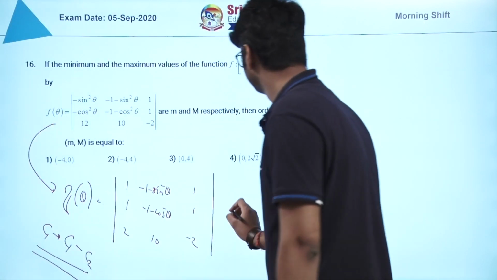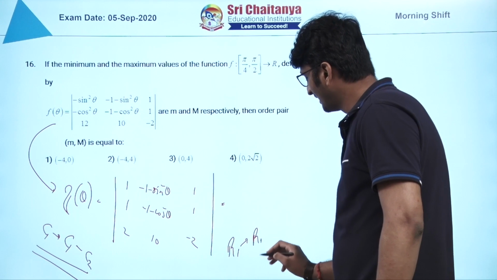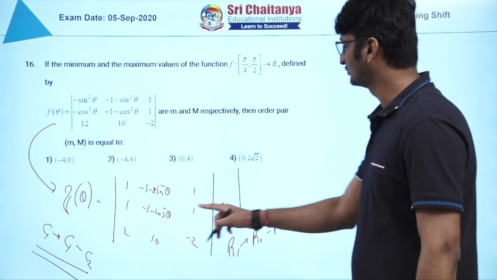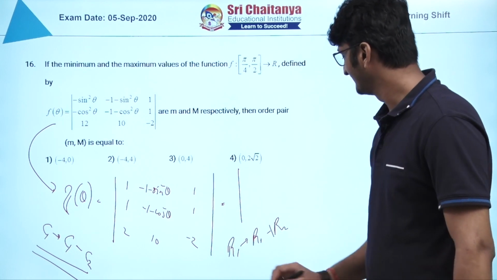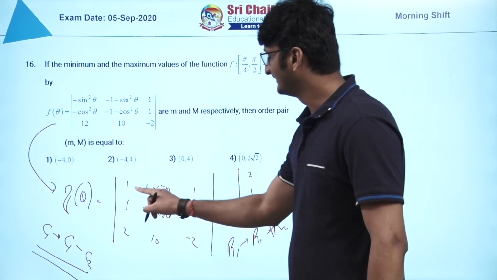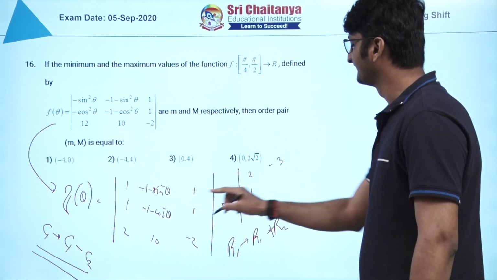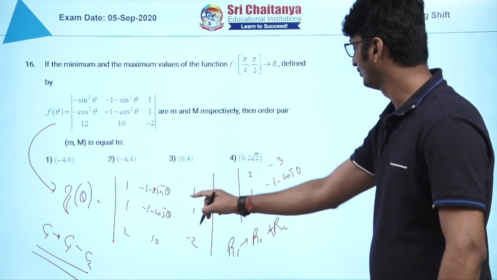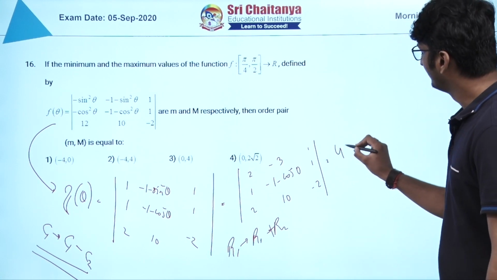Again using R1 plus R2, it will be 1 plus 1, 2, this plus this, minus of sine square theta plus cos square theta will be minus 1 only, so hence you will get minus 3, minus 1 minus cos square theta, 1, 0, 1, 1, minus 2. Simplifying you are getting this as 4 cos of 2 theta.